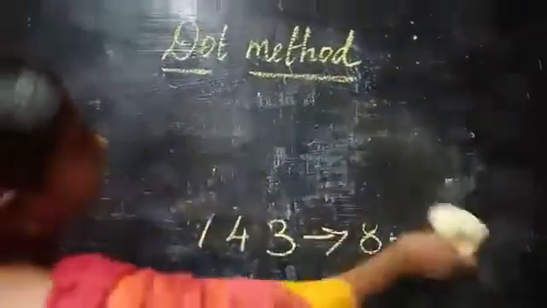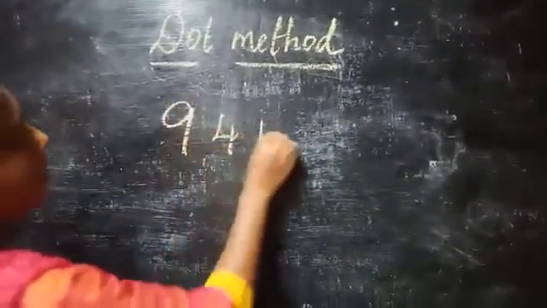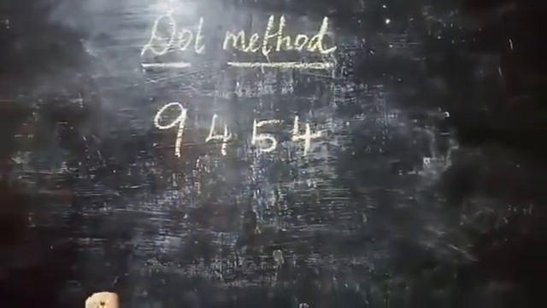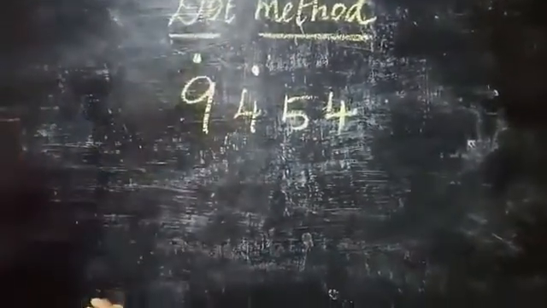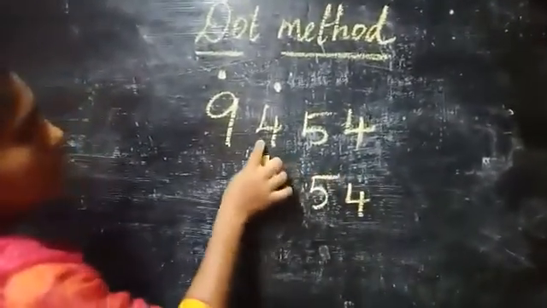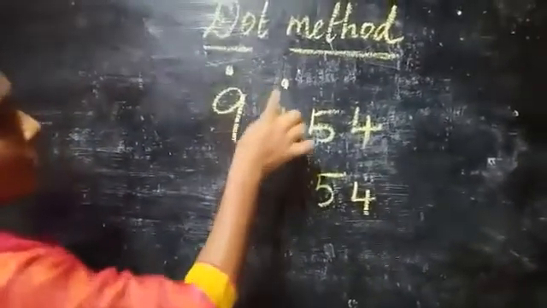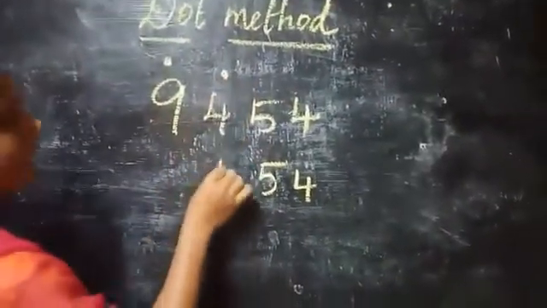So now listen. Again, if it is a 4-digit number, the dot is present on 4 and the dot is present on 9. So now how will you write? 4, 5, 4 and 1. On the top of 4 you have a dot, so it is taken as 4 plus 1, that is 5.